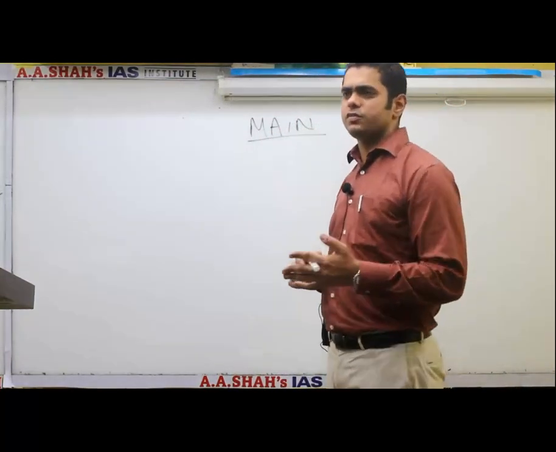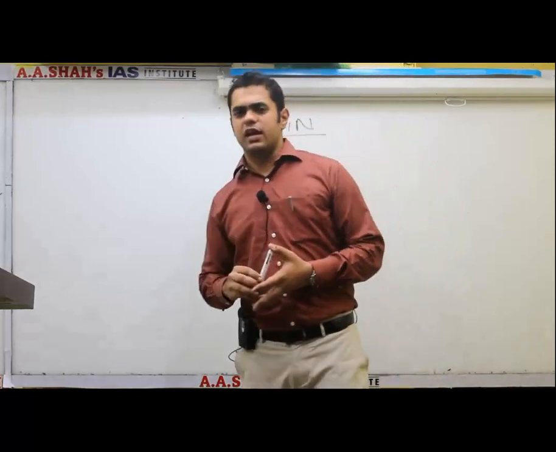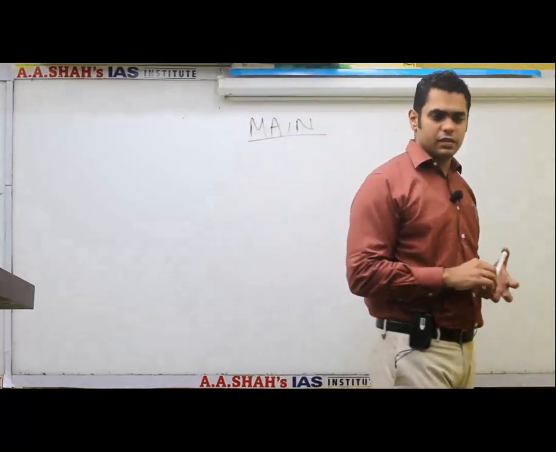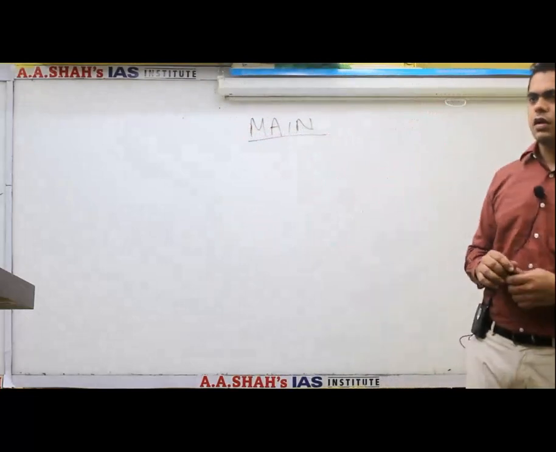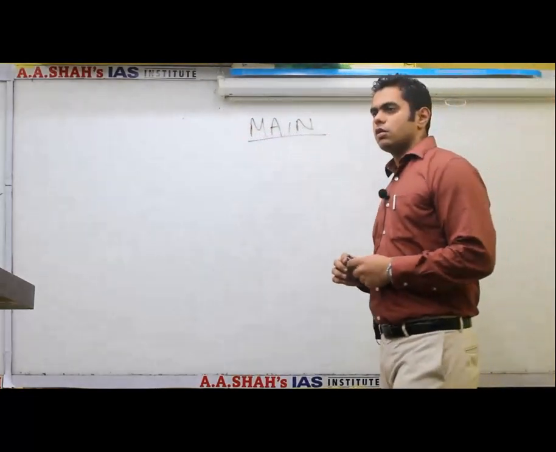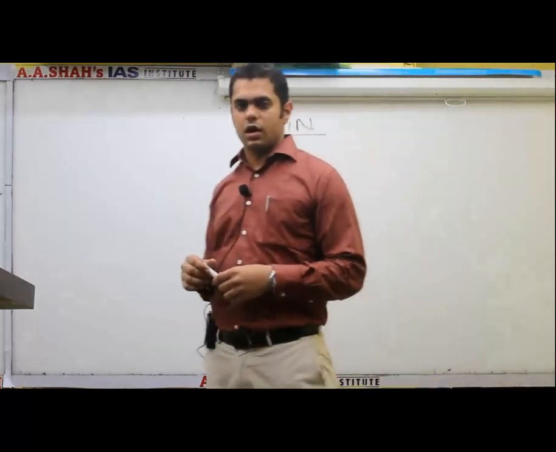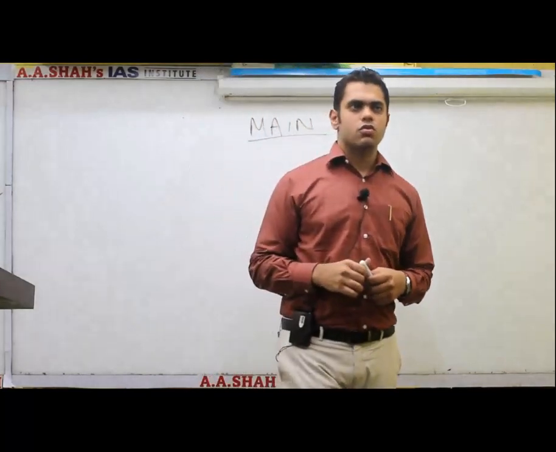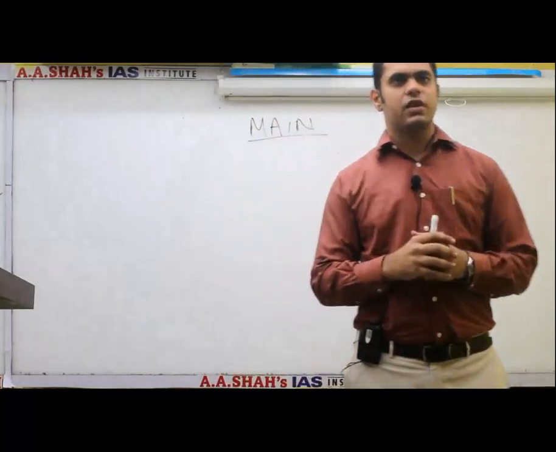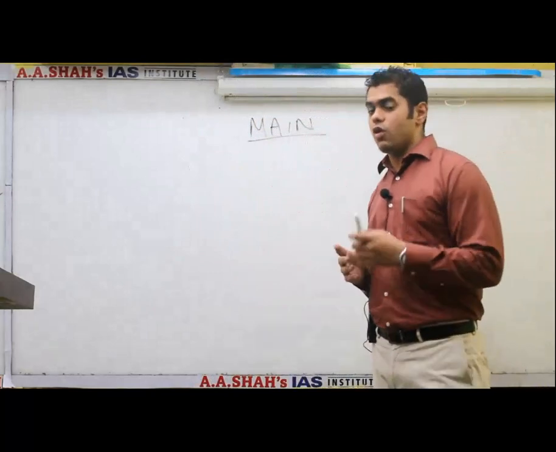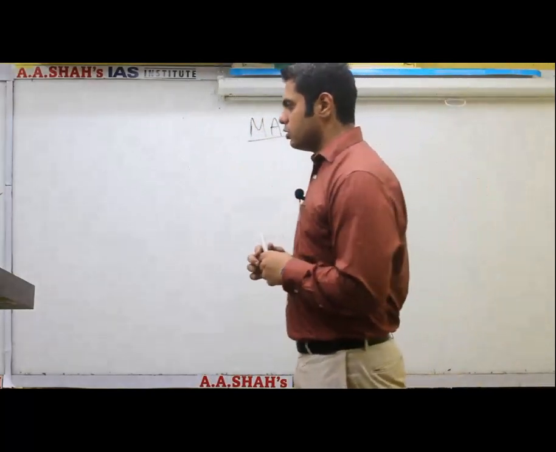Then there are optionals for science subjects like physics, chemistry, mathematics, medical science. Then you have optionals for management subjects like commerce and accountancy. So there are so many options available and you have to choose any one of them.